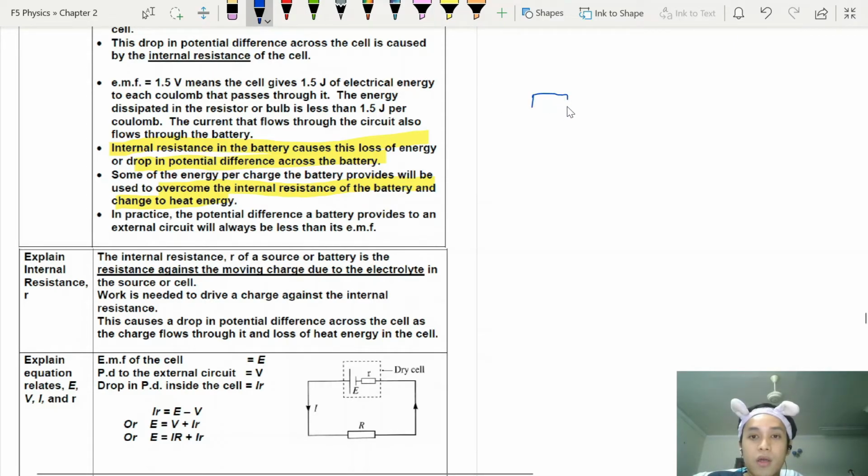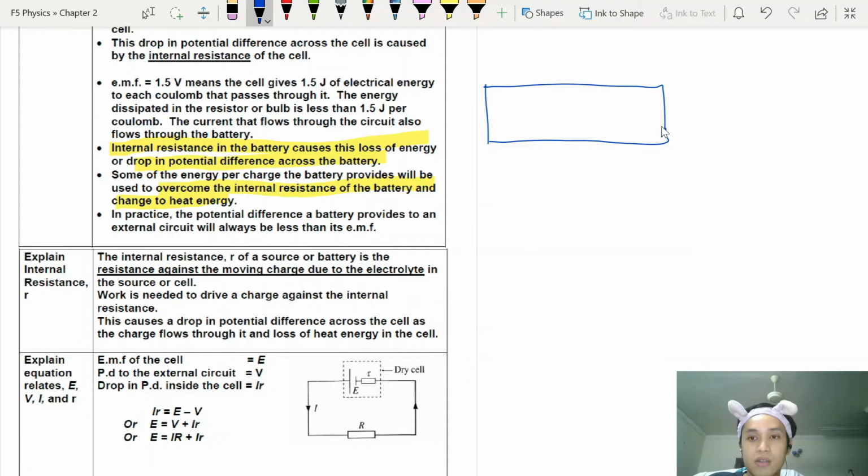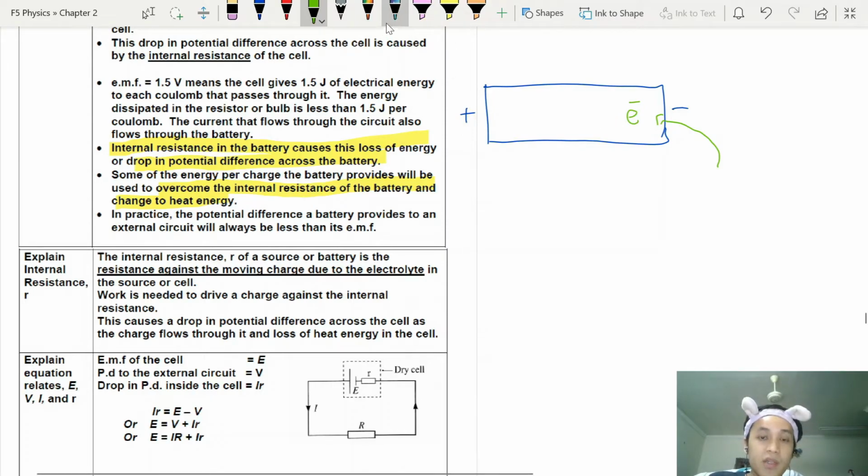inside the battery, wait, let me draw a bigger one so that you can see. So let's say this one is the battery. This one is positive, this is negative terminal. And then your electrons is coming back to refill. But as they enter, there will be something to stop them.